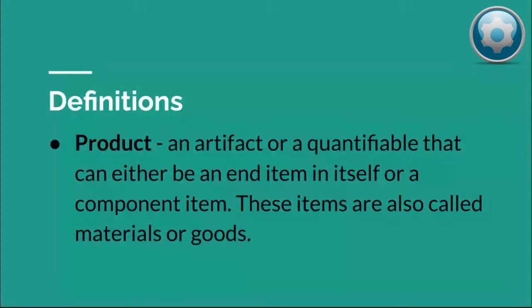Product: an artifact or a quantifiable that can either be an end item in itself or a component item. These items are also called materials or goods. Let me try to explain this one in simpler English. We're producing something that has some sort of form. That would be the artifact or the quantifiable.